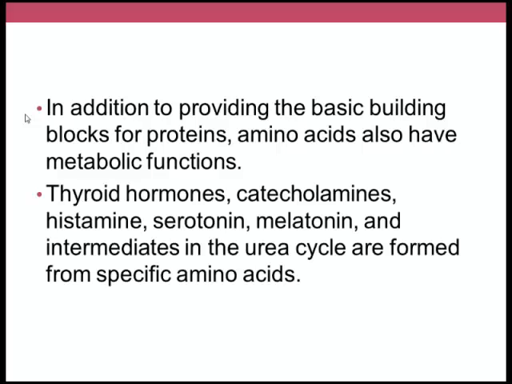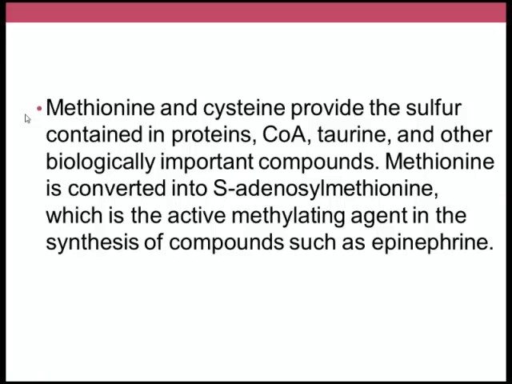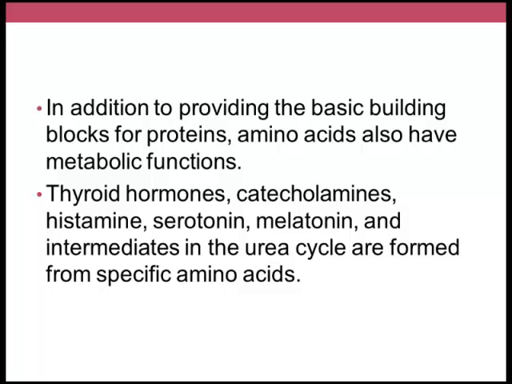For example, thyroid hormones, catecholamines, histamine, serotonin, melatonin, and other intermediates in the urea cycle are formed from specific amino acids. Here you can see thyroid hormones. We have other catecholamines, histamine, serotonin, important neurotransmitters, as well as melatonin.